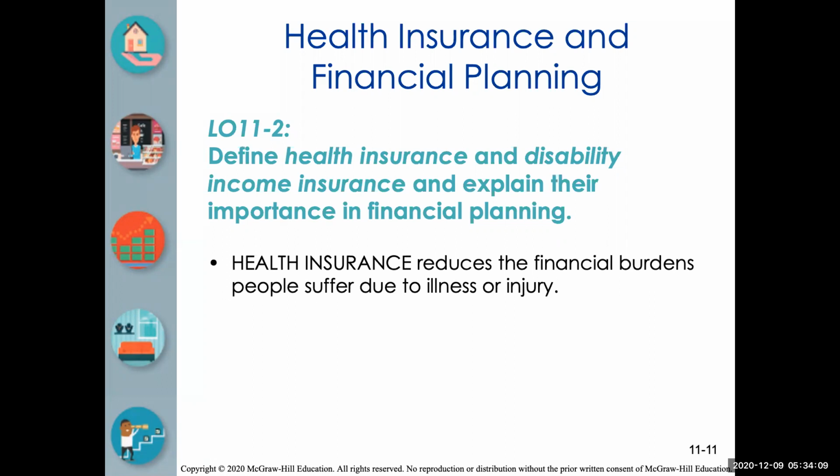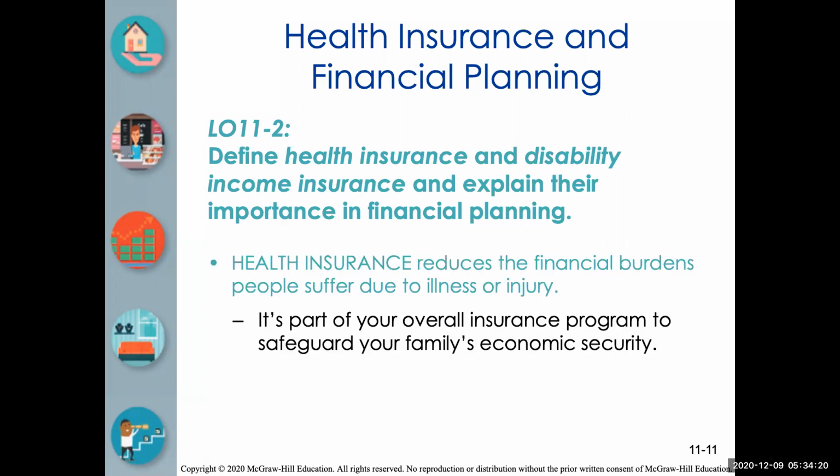We're shifting the cost of the risk from ourselves to the health insurance company. And it's part of our overall program to make sure that we're safeguarding our family's financial stability and security.